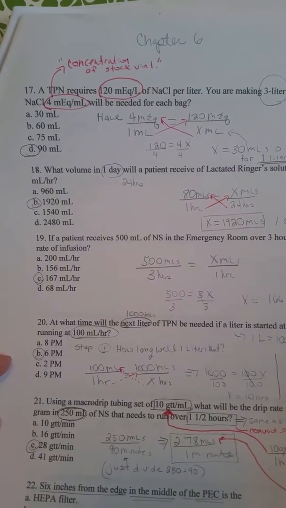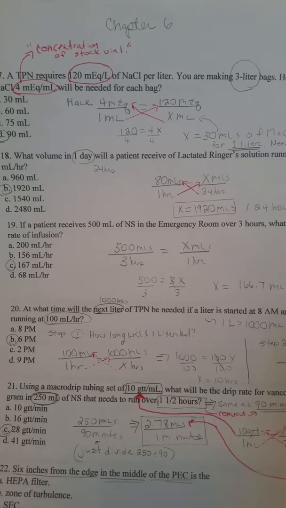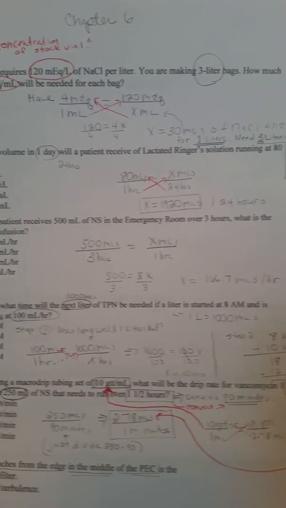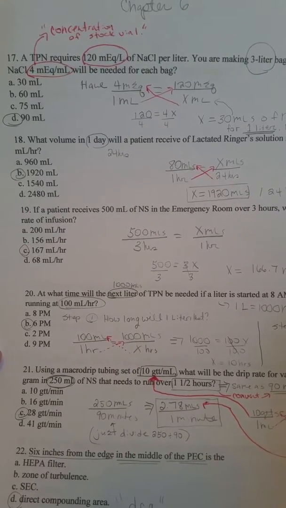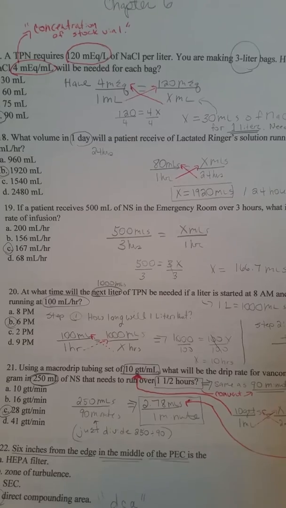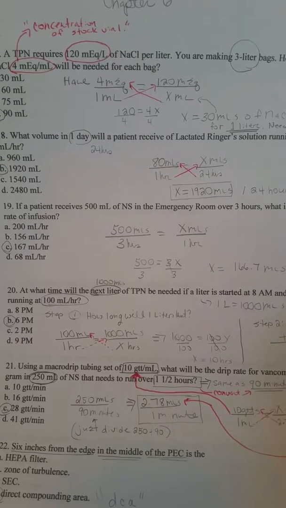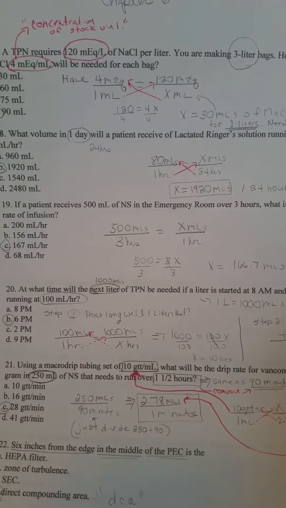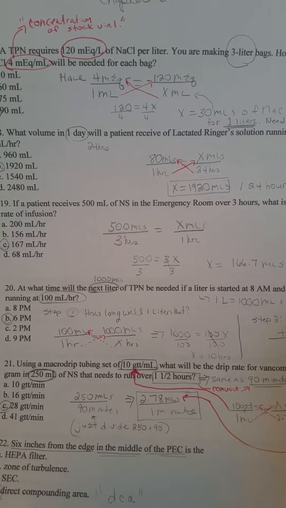Number 17: a TPN requires 120 milliequivalents per liter of sodium chloride. You're making 3-liter bags. How much sodium chloride at 4 milliequivalents per mL would be needed for each bag? Our stock vials of sodium chloride are 4 milliequivalents per 1 mL, and we need 120 milliequivalents per liter. So we're going to find out how many mLs we need to get 120 milliequivalents.